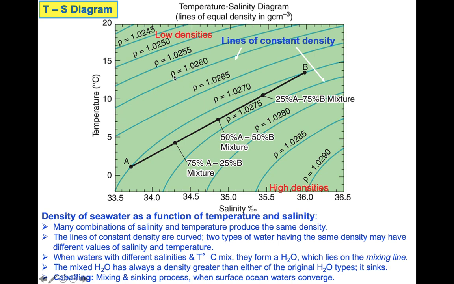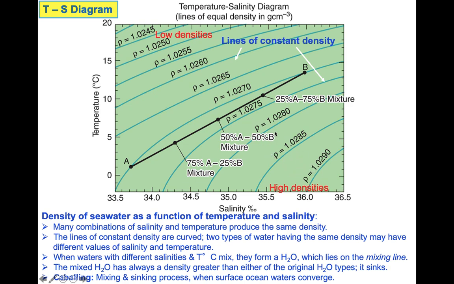You see the Greek letter rho, a symbol of density in oceanography and actually in all physical sciences. And you will realize that the density curves are dipping, inclined, they're not straight. And you see the increase in density as you go to the lower right hand side of this diagram.